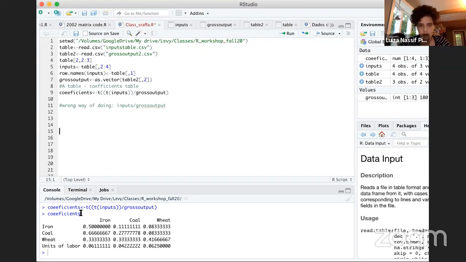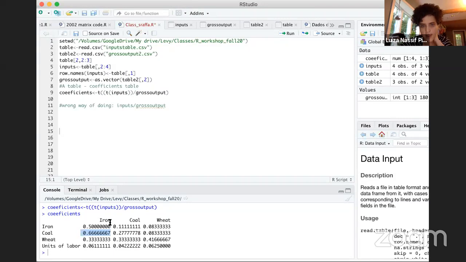So this is our coefficients table. It is saying that 0.5 units of iron goes into the production of 1 unit of iron. 0.66 units of coal goes into the production of 1 unit of iron directly.